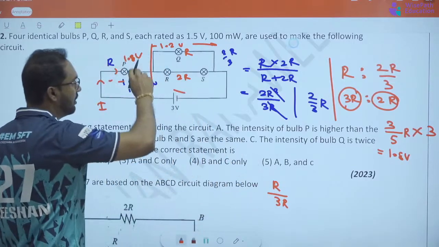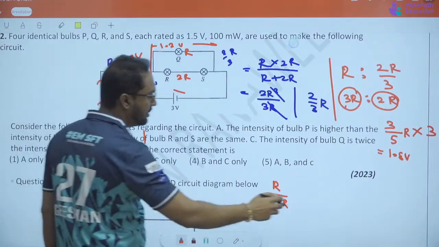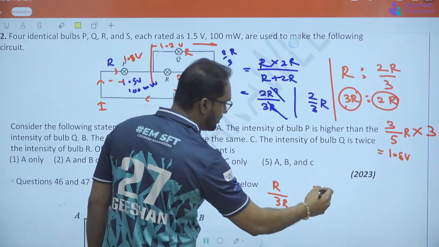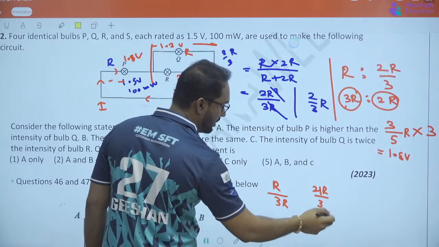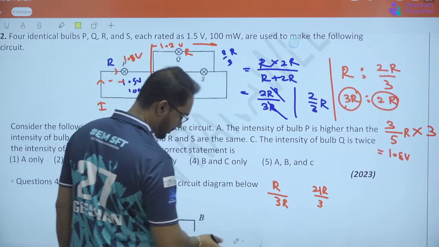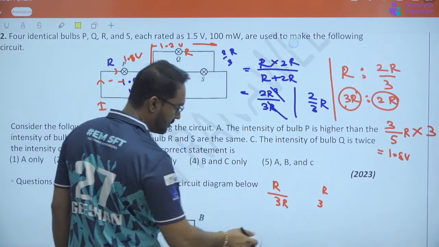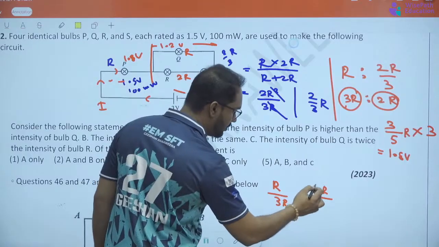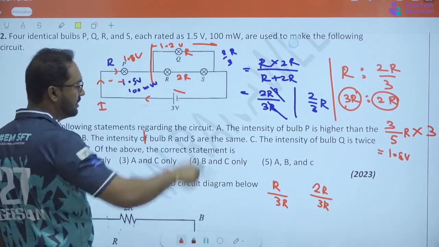Out of all the 3R resistance, 1R, as a fraction of current, is going one way. The other part is 2R out of all the 3R, moving in another way.